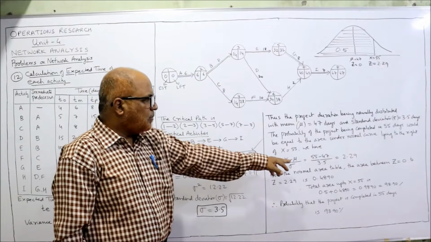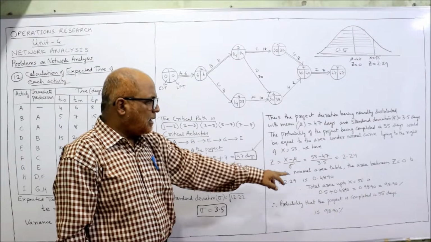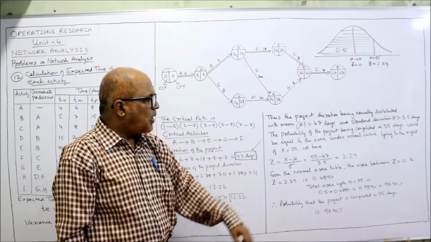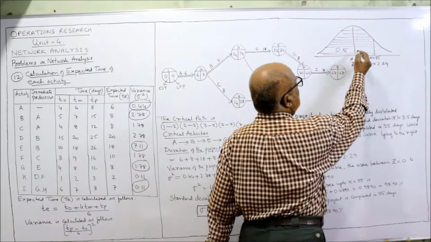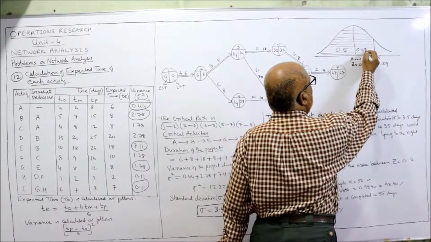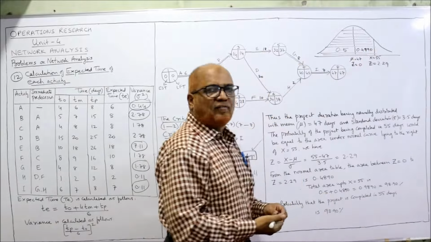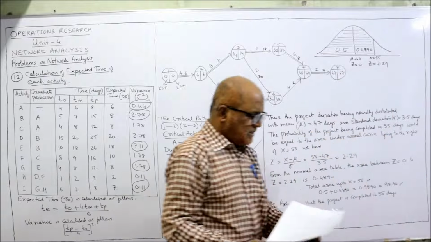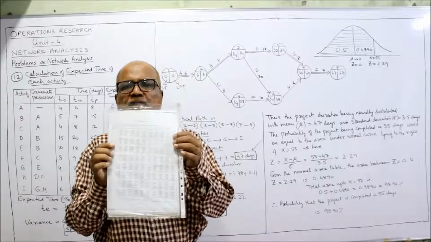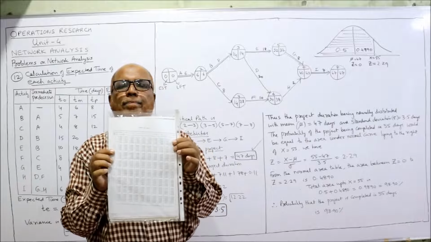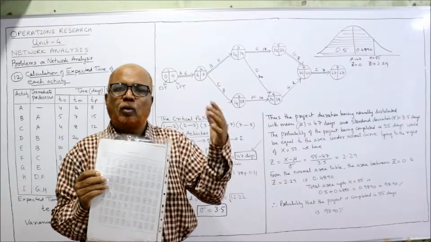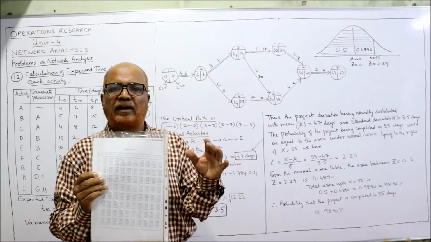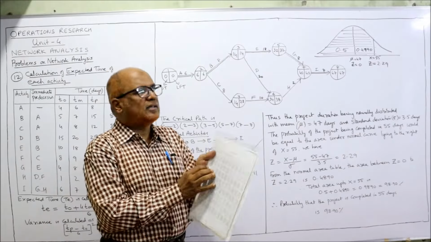Now, from the normal area table, the area between z equal to 0 and z equal to 2.29 is 0.4890. From where do you get this value? From the normal area table. In any textbook you will get the normal area table, or you can go to the net and find the normal area z values. How to locate that value?